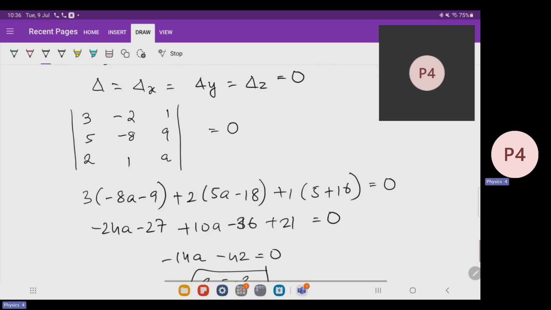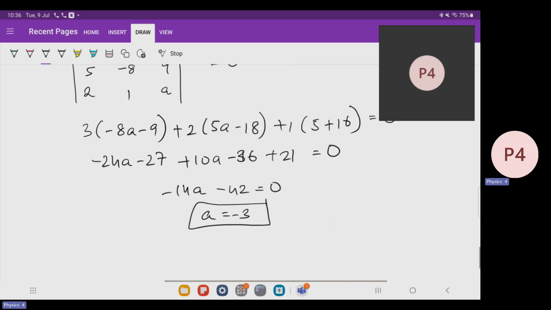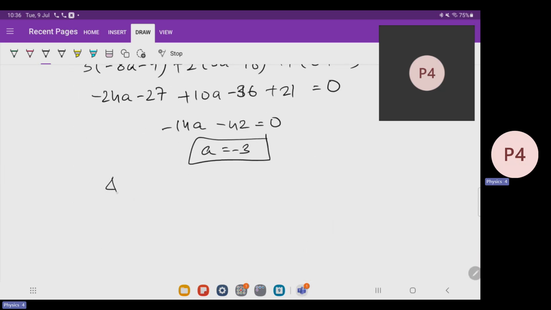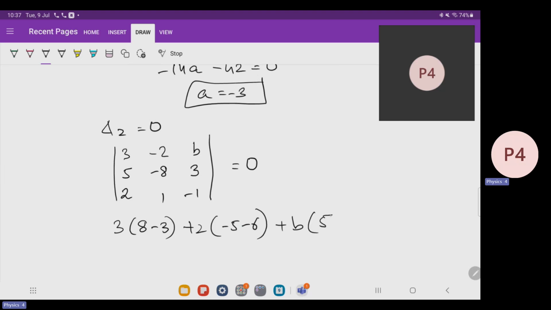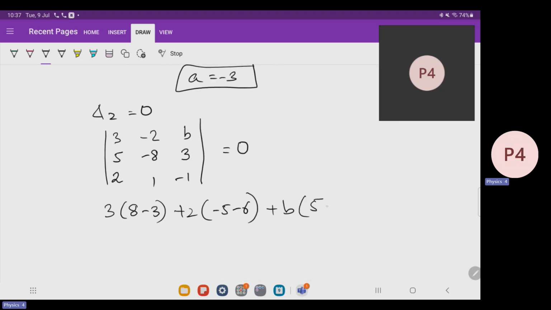Now for B we will use any of delta x, delta y, delta z. Let us take delta z equal to 0. What is delta z? This is 3, 5, 2, then B1, B2, B3, and here you will write D1, D2, D3. This should be equal to 0. Now solving this, we will get 3 times (8 - 3) plus 2 times (-5 - 6) plus B times 5 plus 16 is equal to 0.